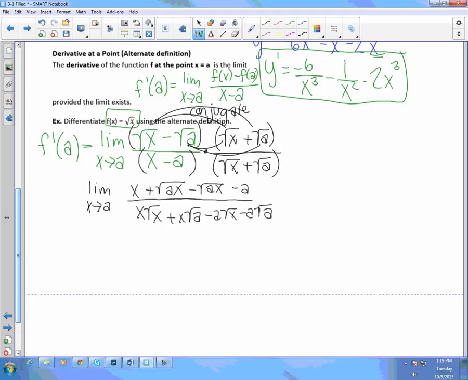Okay, and the numerator, I think, is where the action's going to happen. Those just cancel out, a root x minus a root x. That's what should happen with the conjugate. That's the point of the conjugate. You have to have opposite signs in order for those to cancel out. So I'm going to write, as x approaches a, of x minus a, over x root x plus x root a.